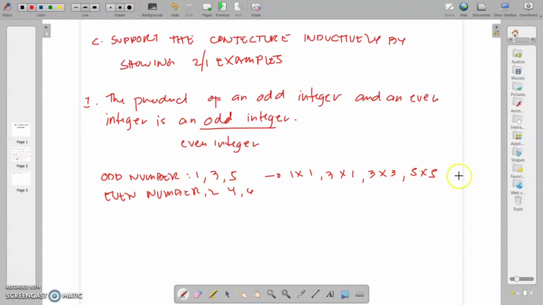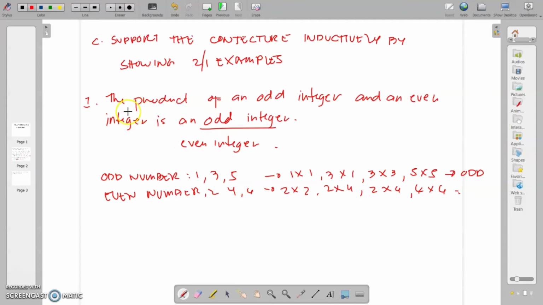So, with odd numbers, the answer is still odd. And next is even: 2 times 2, 2 times 4, 2 times 6, 6 times 6. So, that's the answer. If it's an odd integer, the product should also be odd. If it's an even integer, the product is also even.